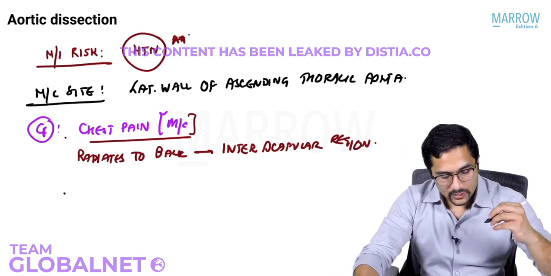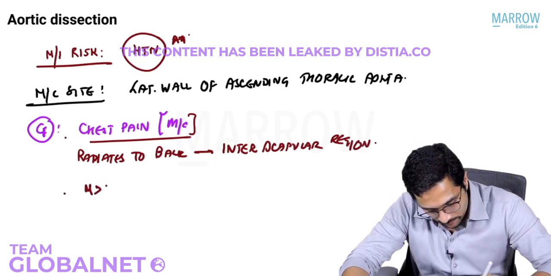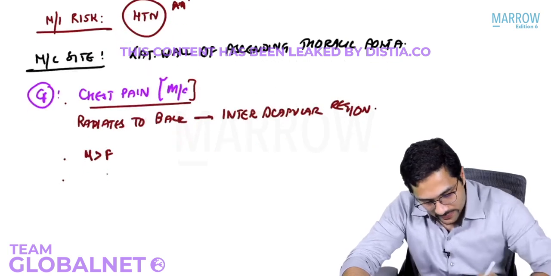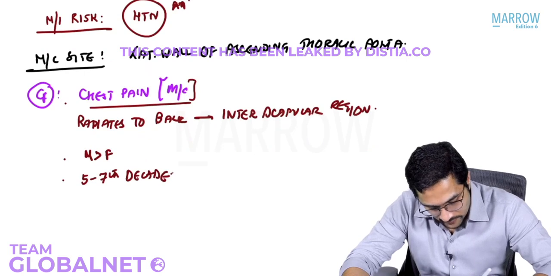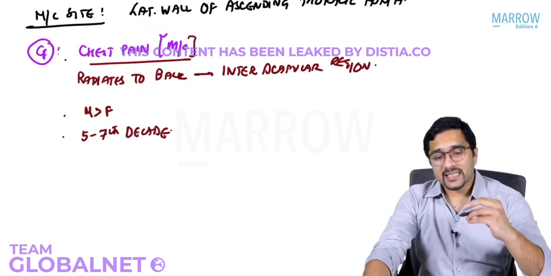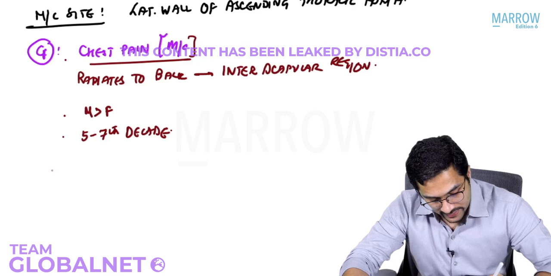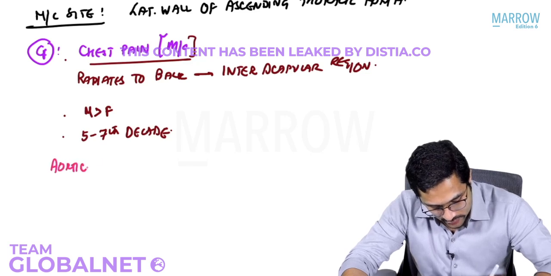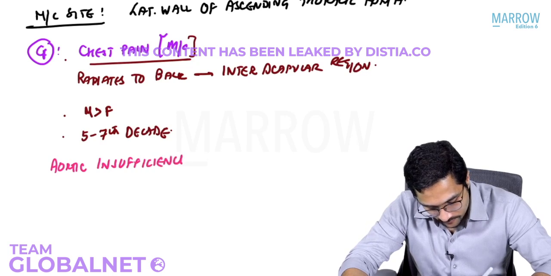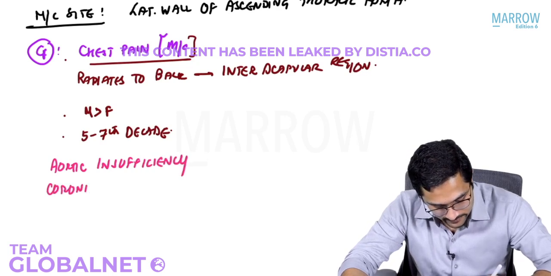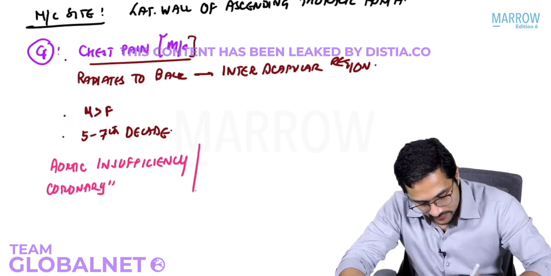Now, aortic dissection is also more common in males as compared to females, and it is usually seen between the 5th to the 7th decade of life. If the tear keeps on extending, it can give rise to aortic insufficiency and coronary insufficiency as well.